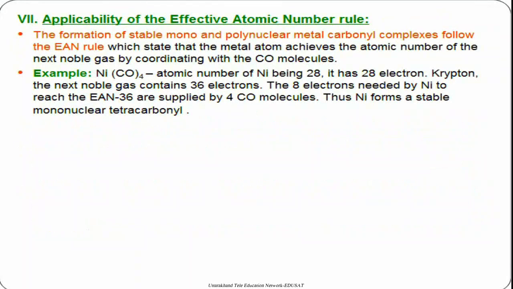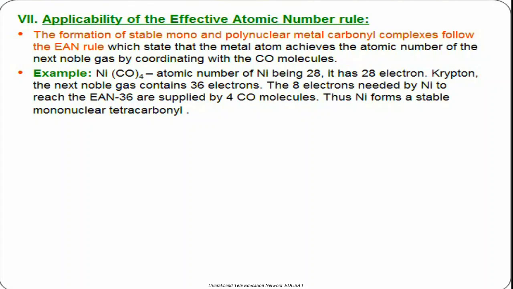Applicability of the effective atomic number. The formation of stable mono and polynuclear metal carbonyl complexes follows the EAN, the effective atomic number rule, which states that the metal atom achieves the atomic number of the next noble gas by coordinating with carbon monoxide, CO molecules. For example, nickel carbonyl, Ni(CO)4.